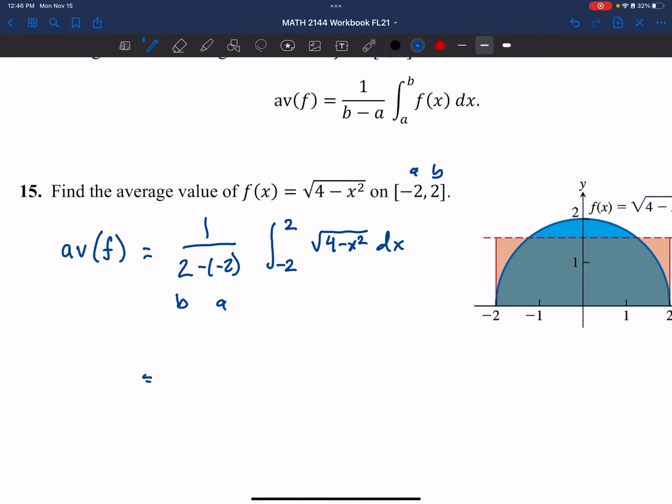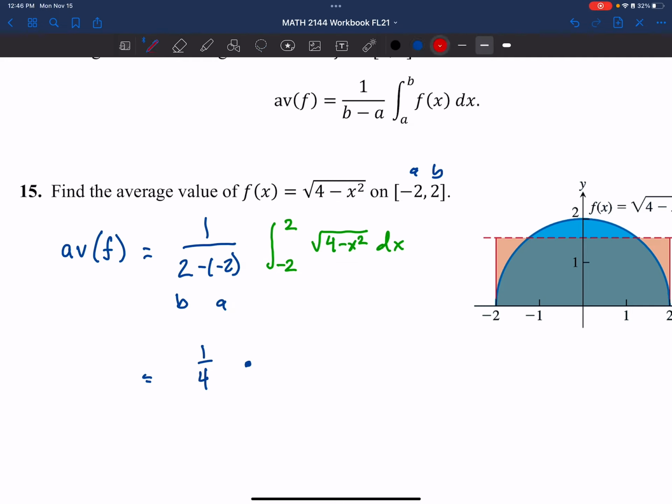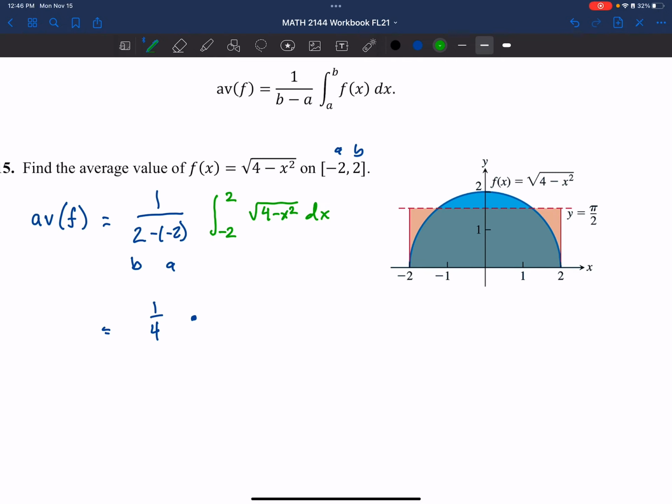So this is going to be 1/4 times, and well, this whole thing right here, while we don't have the formula for it, we do know it as the area of a semicircle. Let's make sure we do this right.